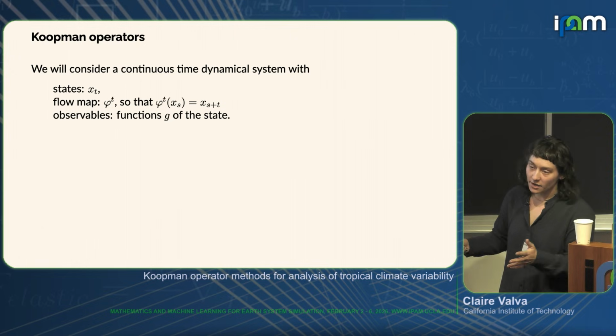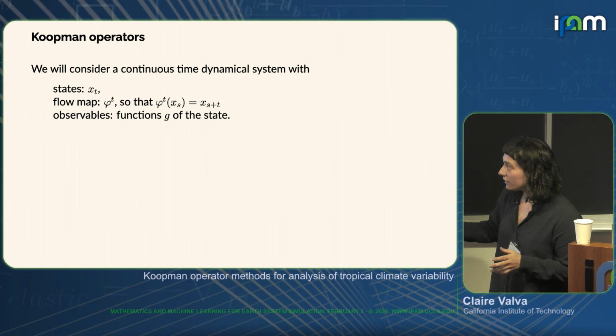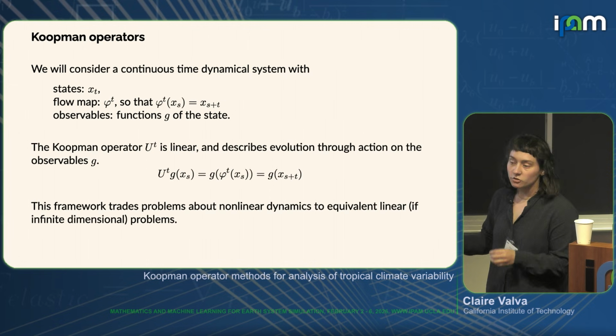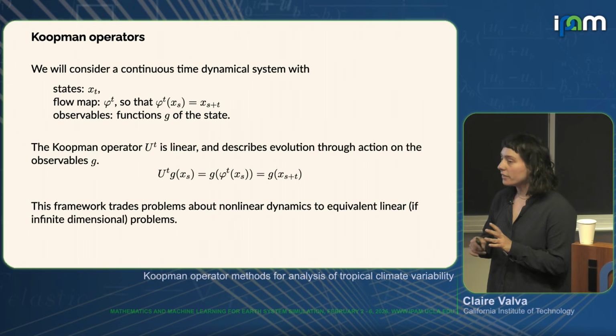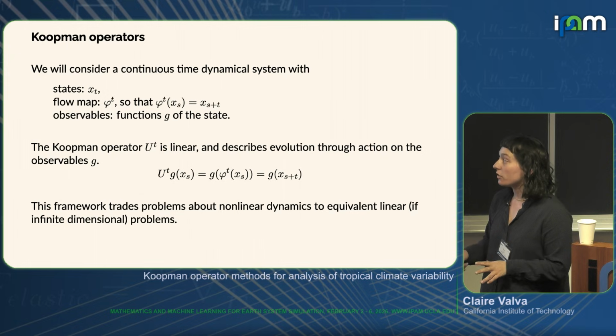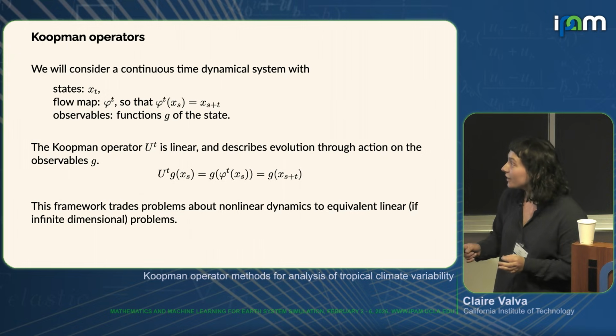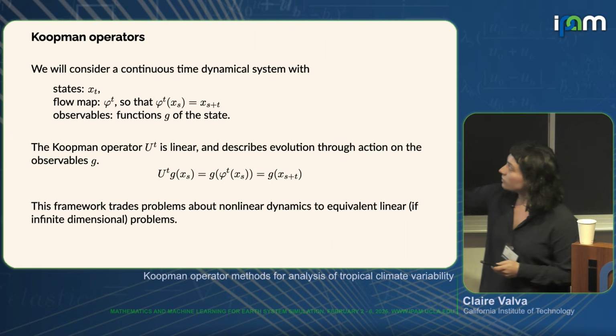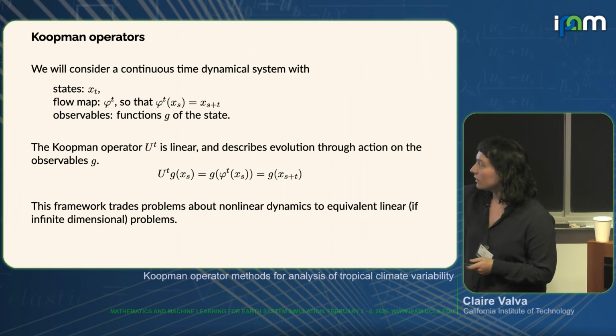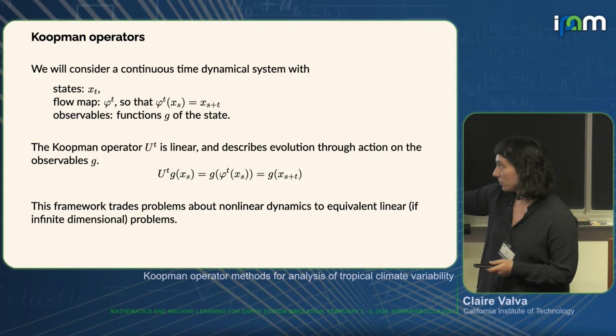And so if we think about our dynamics here as observables, we can then induce a linear operator on this infinite space of functions that we call the Koopman operator. So this is linear. We denote it U^t, and it will describe evolution through action on these observables.